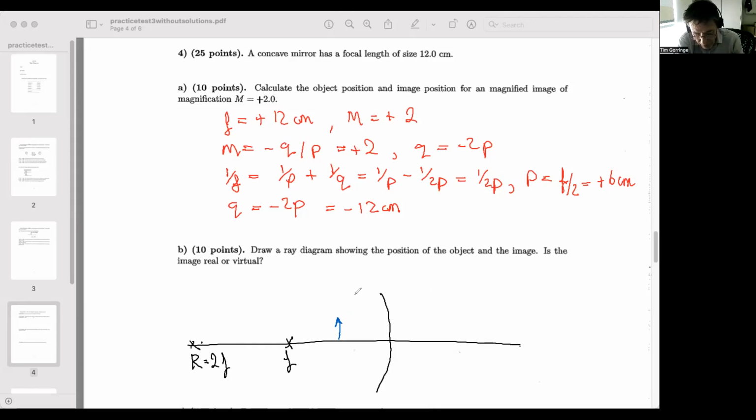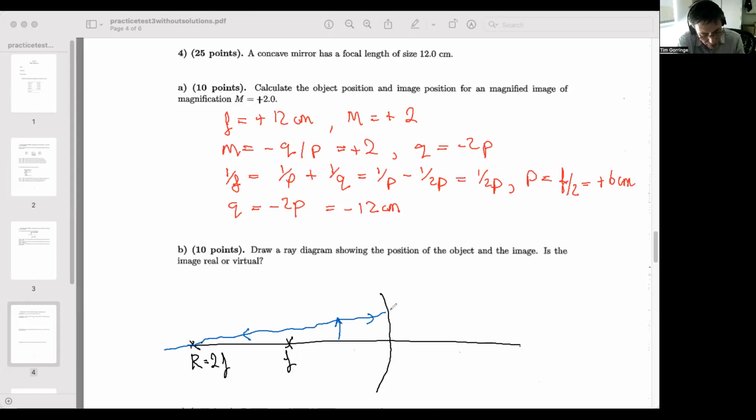One ray we can always draw is one that heads towards the mirror as if it comes from the radius of curvature and then heads back away from the mirror through the radius of curvature. I don't know how I drew that so badly, but it's a ray that heads in and comes back. And so that's one ray you can always draw. This is the ray that strikes the mirror normal to the surface of the mirror.